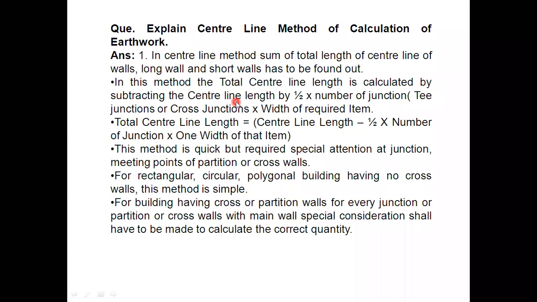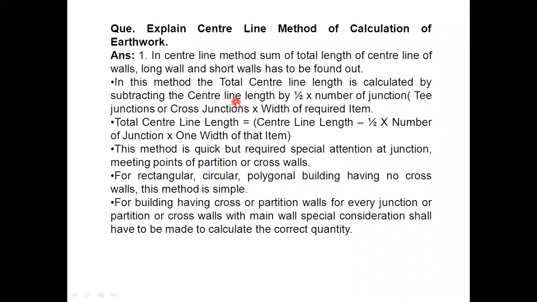Now one more thing to understand: in your question paper, in the 12-mark question, they are not going to tell you whether to go by the center line method or the PWD method. You can solve by any method. It is up to you which method seems simple.